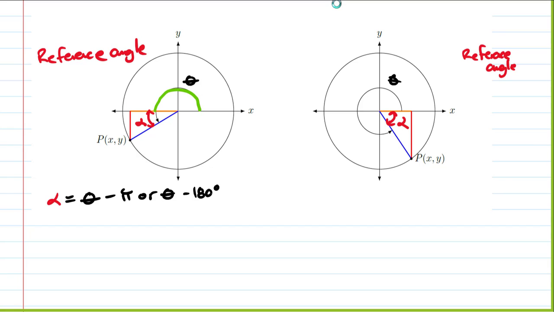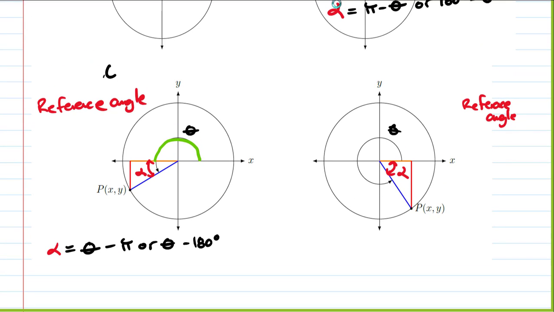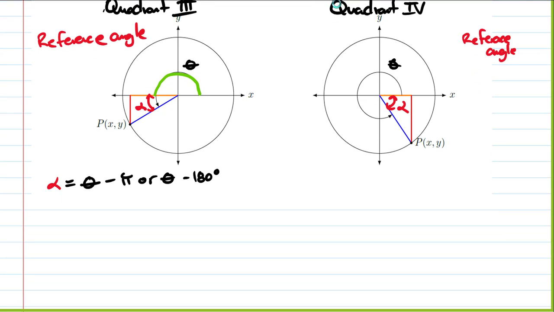Lastly, in quadrant 4, alpha plus theta has to equal 360 degrees.